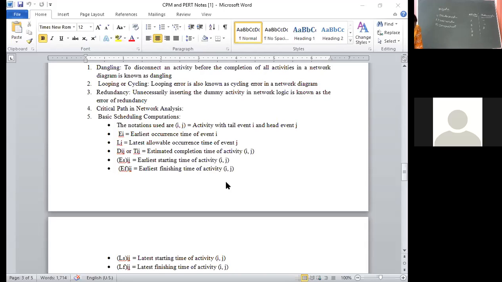Listen carefully. PERT is a project management technique used to manage uncertain activities of a project. That's why this is a probabilistic model. What is a probabilistic model? In stochastic processes and Markov chains, we discussed probabilistic models and deterministic models.